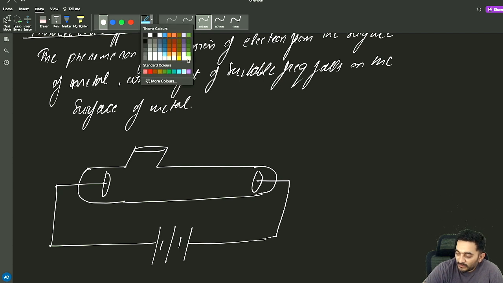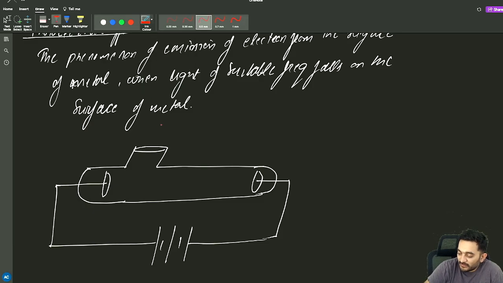Now look here. Some energy is going to fall, so I am drawing a light which is coming from this opening, and this light is going to fall on the surface of a metal. Let's keep our metallic surface here. This radiation possesses some frequency, which the examiner will give you, let's say f.